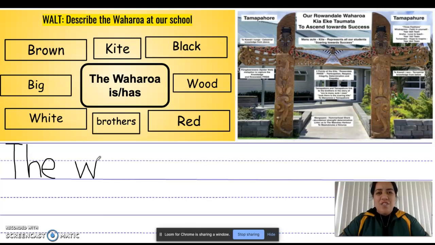Yeah? Can you show me? Is it this one? No. Is it this one? It starts with a W. Yes, you're right. But this says white. We need Waharoa. This is the word Waharoa.